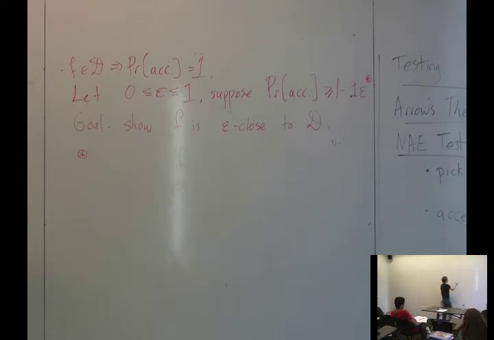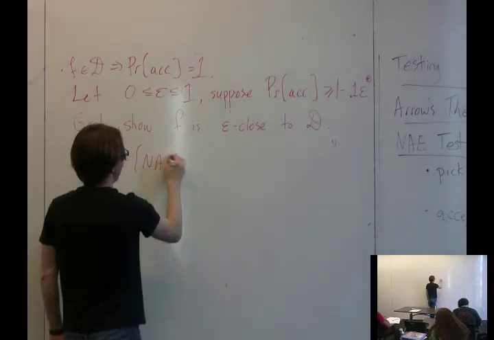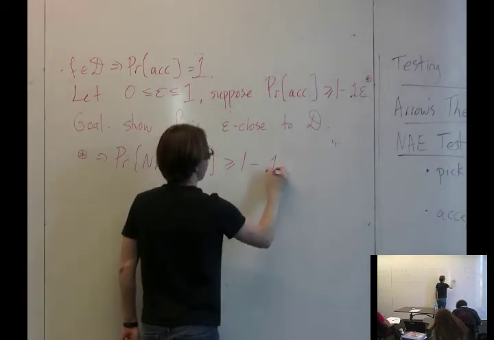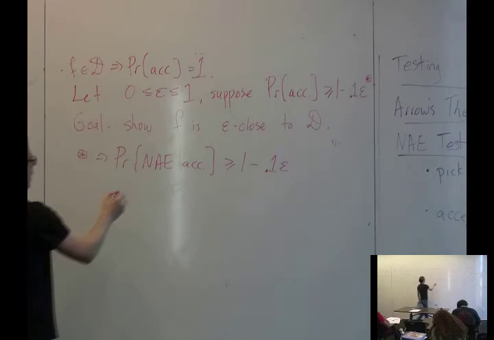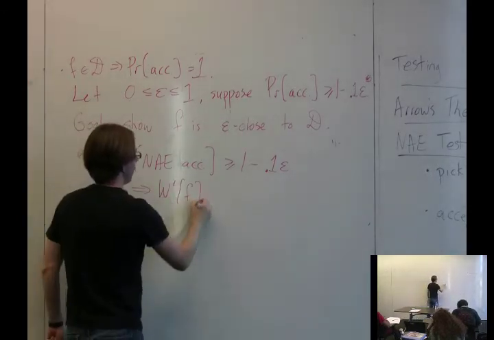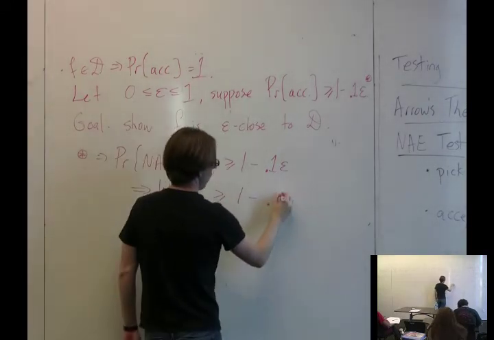So we know this implies that just the NAE test alone passes with probability at least 1 minus 0.1 epsilon, which by this fact right here implies that the weight at level 1, degree 1 of f is at least 1 minus, I don't know, 0.45 epsilon.